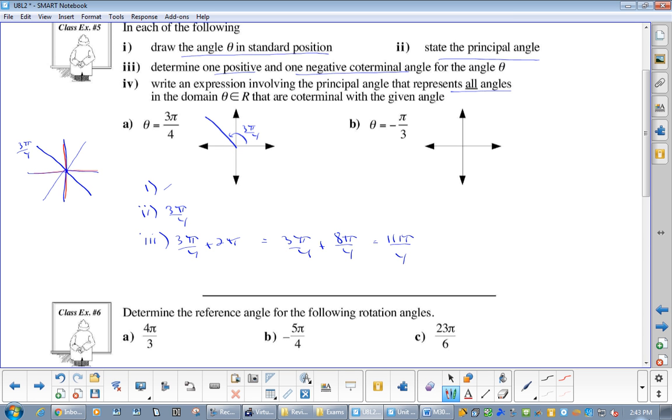Now a negative coterminal would be 3 pi over 4 minus 2 pi. So that would be 3 pi over 4 minus 8 pi over 4, which would give you negative 5 pi over 4.